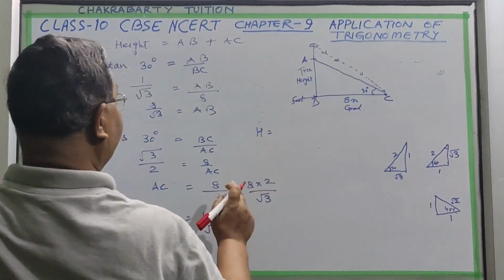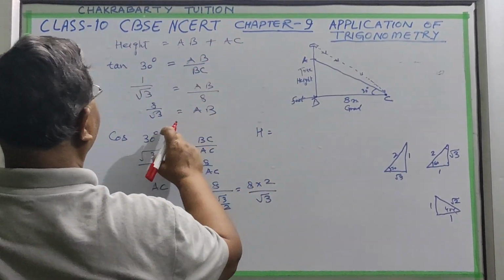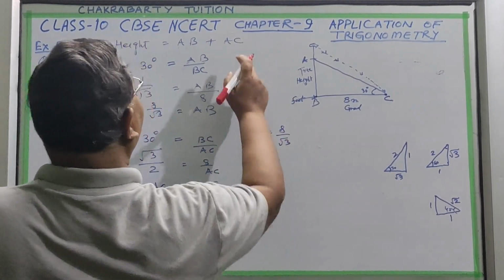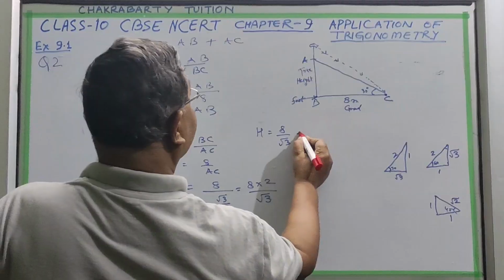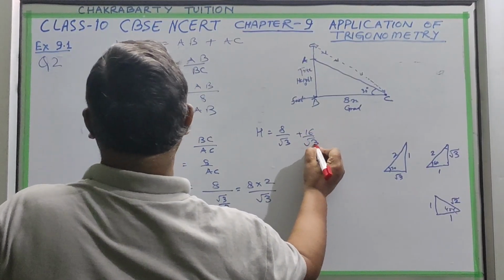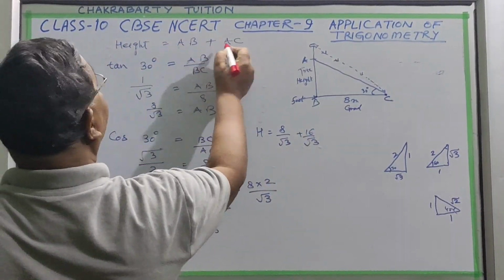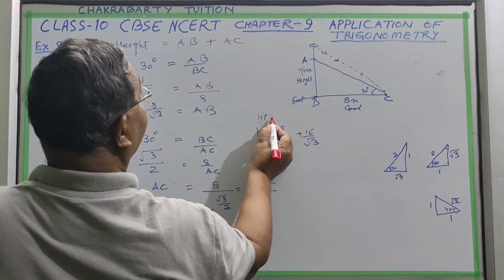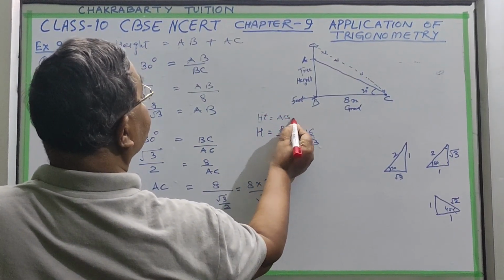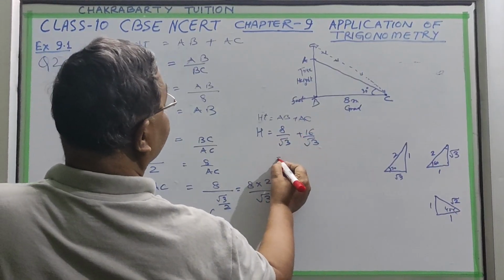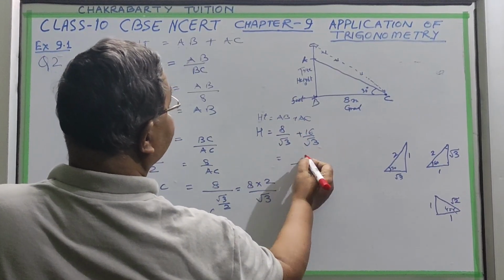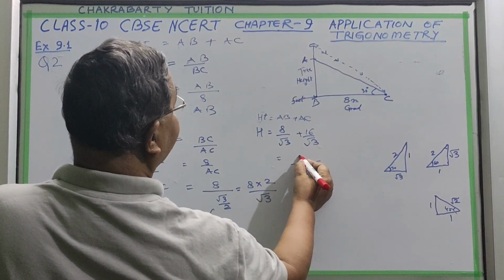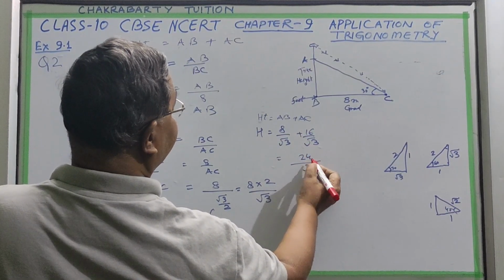Height is equal to AB plus AC. AB we have calculated, 8 upon under root 3, and AC is 16 upon under root 3. Okay, so here the LCM is root 3. So root 3 will remain, and 8 and 16 will add: 8 and 16, 24.